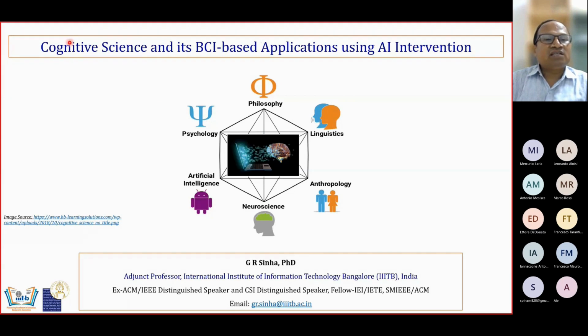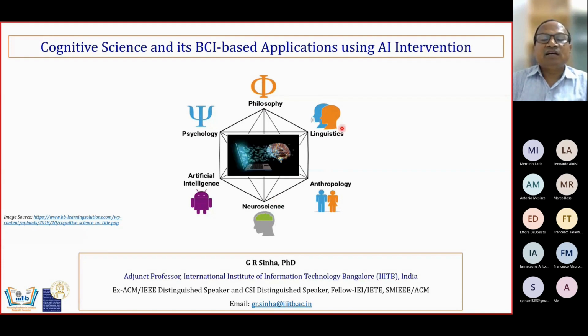Cognitive science is a purely multidisciplinary domain. It is not a single domain. It covers, as you see here, philosophy, linguistics, psychology, AI, of course neuroscience, and anthropology.